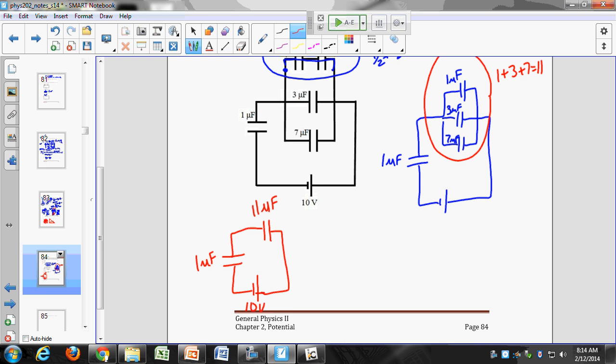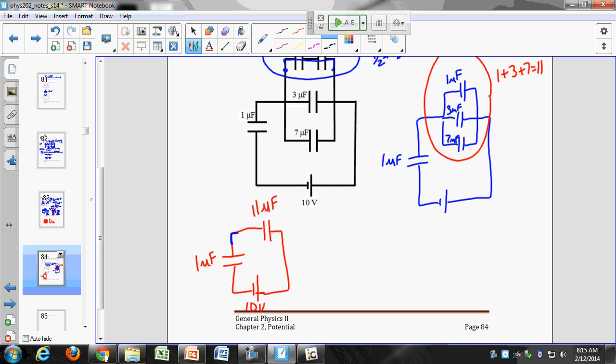This is a 10-volt battery. Even though there's a bend here, where I bend right here, there's not a break in the circuit. That should be obvious to you, but we'll see some circuits later where they're more in a grid-like fashion instead of being written like this, where it won't be so obvious. There are no breaks in that circuit.